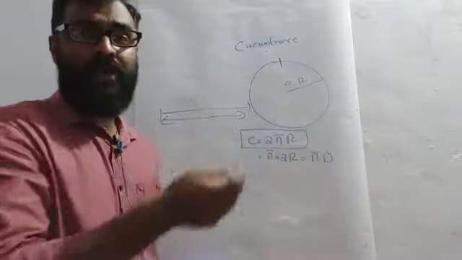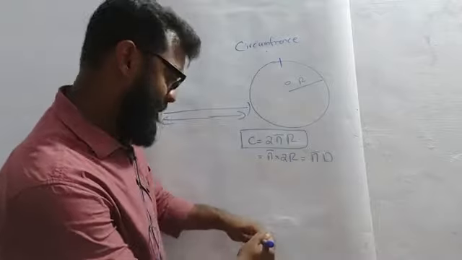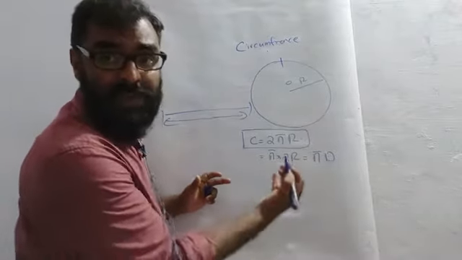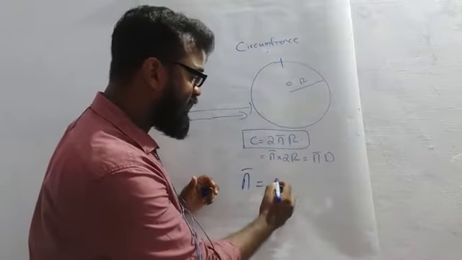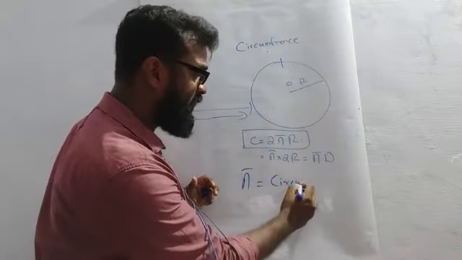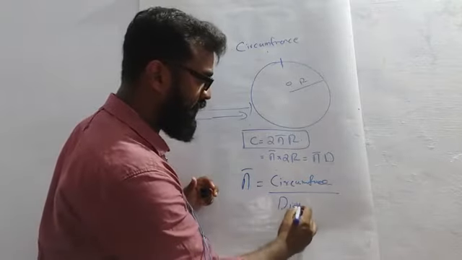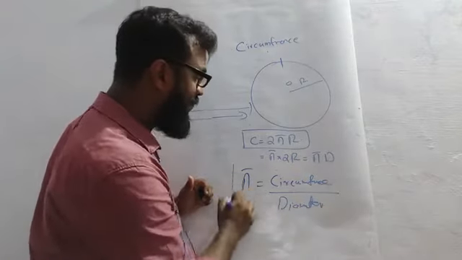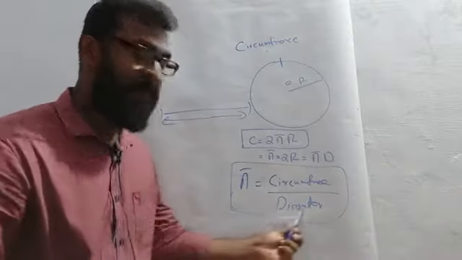From here I can derive an equation for pi alone. What will be pi? Pi will be the ratio of the circumference of a circle to the diameter of the circle. How do we get it?